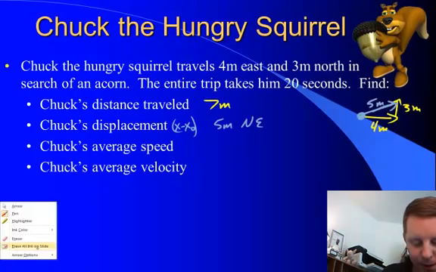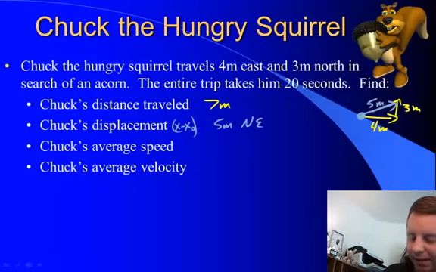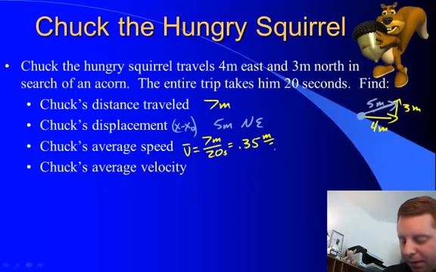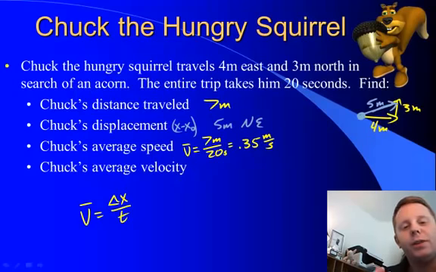Chuck's average speed is distance traveled divided by time, or 7 meters in 20 seconds is 0.35 meters per second. And if we want Chuck's average velocity, that is the rate of change of displacement, the total displacement or position change divided by time.